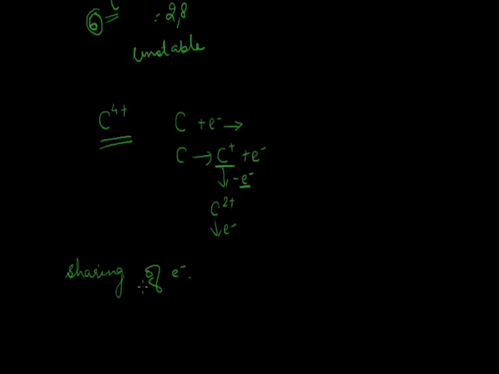Whenever we talk about mutual or equal sharing of electrons, the bond formed is called a covalent bond. So the type of bonding in carbon is covalent bonding. The shared electrons belong to the outer shell of both atoms and lead to both atoms attaining the noble gas configuration, maybe a duplet or maybe an octet.